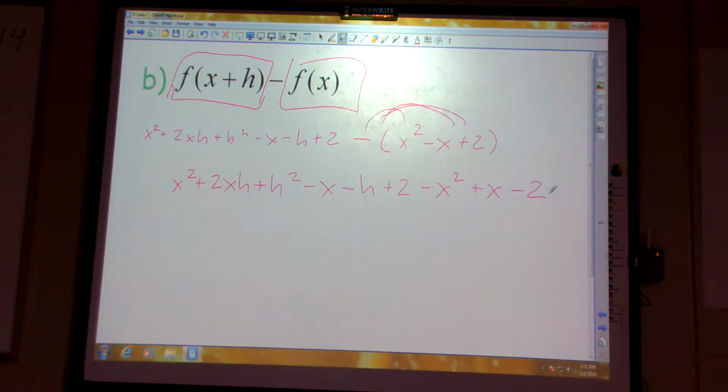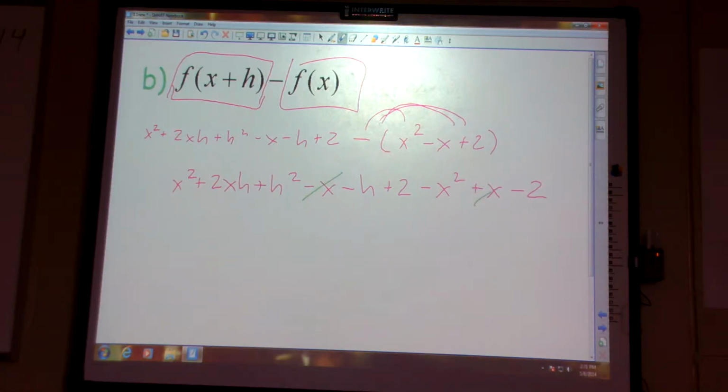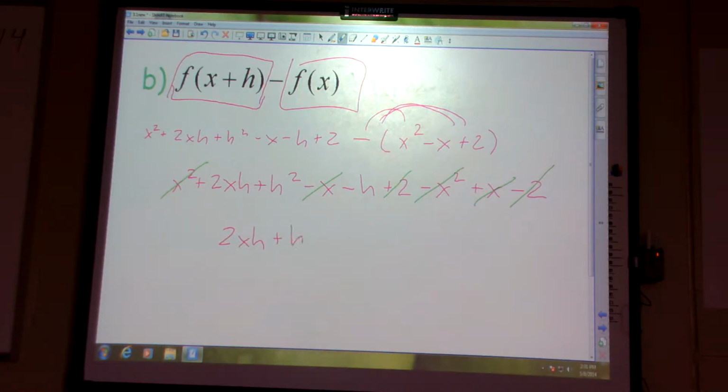Good stuff happens here. Cancel the x's, cancel the 2's, cancel the x squareds. So I'm left with 2xh plus h squared minus h. And this equals f of x plus h minus f of x.